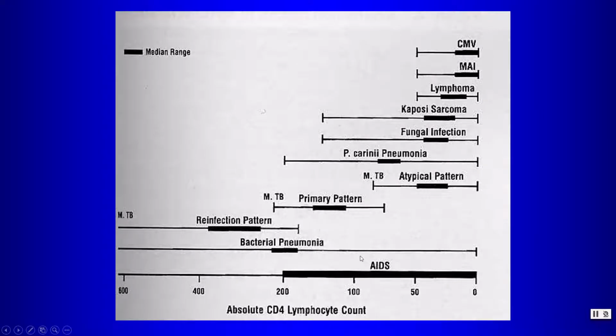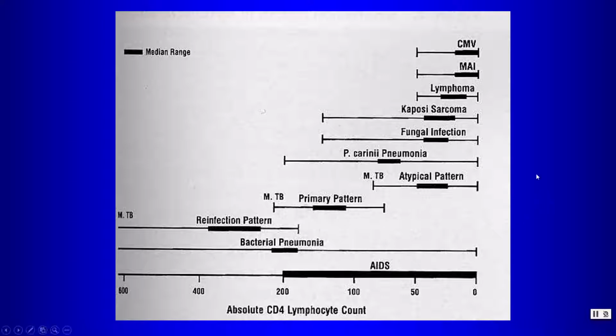Now, the lung disease is related to the CD4 count in patients who are HIV positive. So when the CD4 count is greater than 200, patients may get bacterial pneumonias, or that might be the most common type of pneumonia that they get. They're also susceptible to tuberculosis, and the pattern of disease that they would get with tuberculosis is more of a fibrocavitary disease pattern, whereas when the CD4 count is less than 200, they're more likely to get lymphadenopathy or pleural effusion associated with tuberculosis.